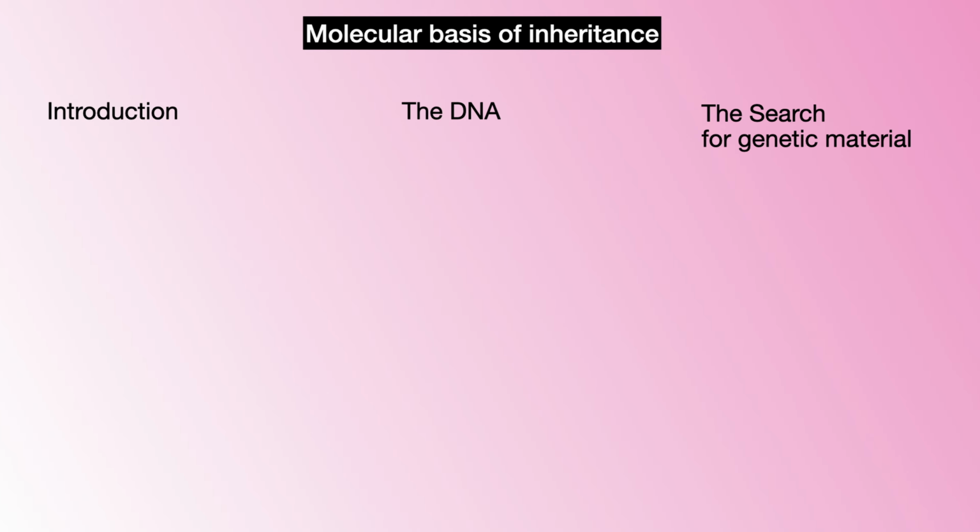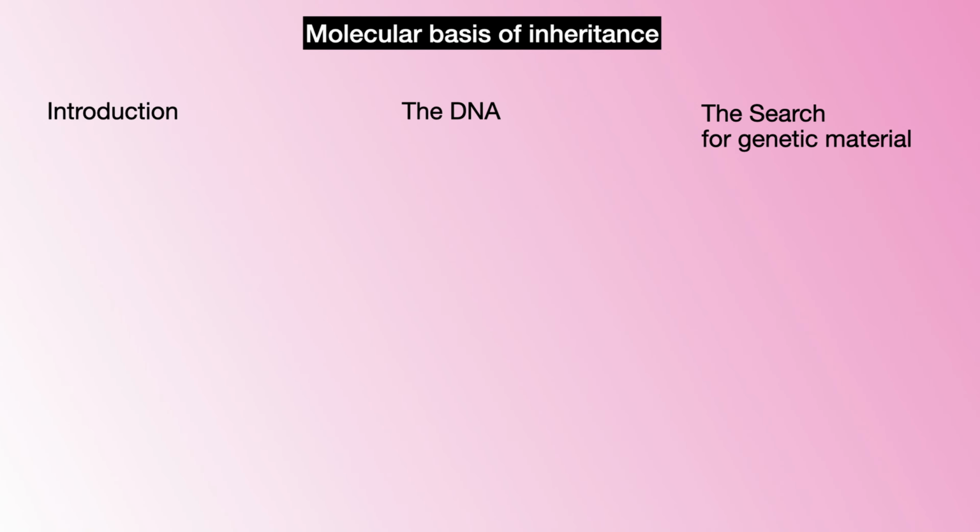See, DNA contains phosphorus and it doesn't contain sulfur. Protein contains sulfur and no phosphorus. They grew some viruses on a medium that contained radioactive phosphorus and some others on a medium that contained radioactive sulfur. Viruses grown in the presence of radioactive phosphorus contained radioactive DNA.